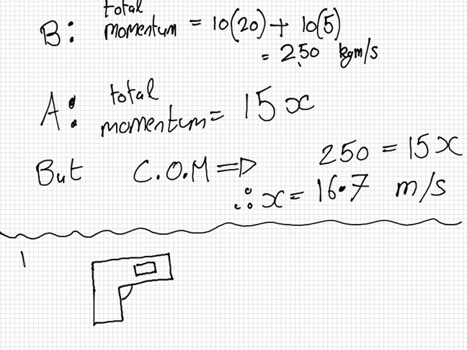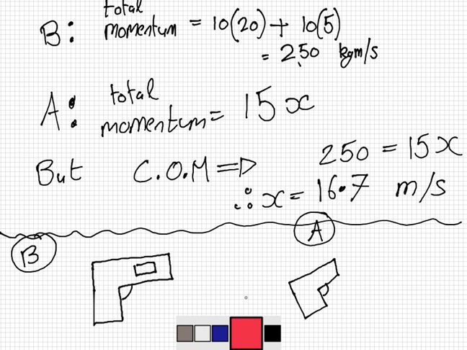So this is before. Then after, so I'm trying my best to draw this. Afterwards, the gun is moving backwards, and then the bullet, which came out now, moves forwards. Yes, very good.